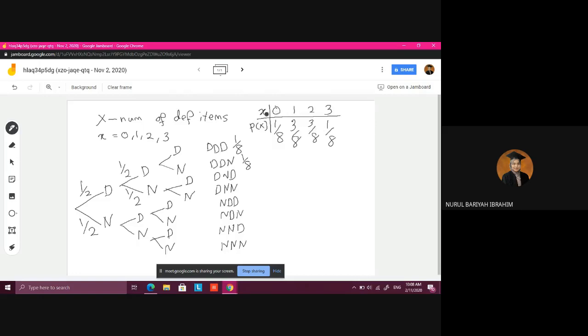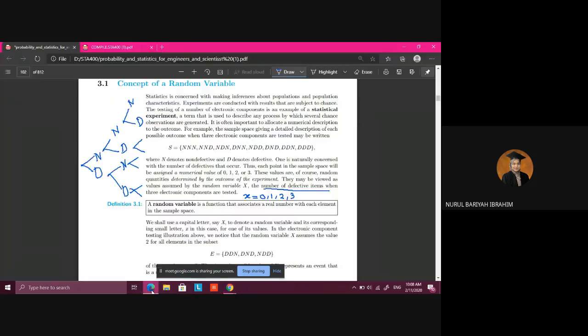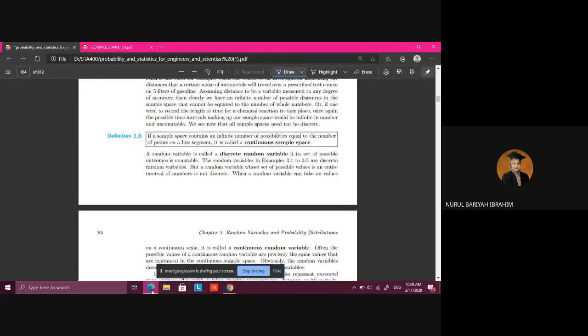How to do that? First, you gonna determine your variable and your possible outcome, and then find the probability. Okay, so that is the way how you create the probability distribution table. Okay, we look at another example.